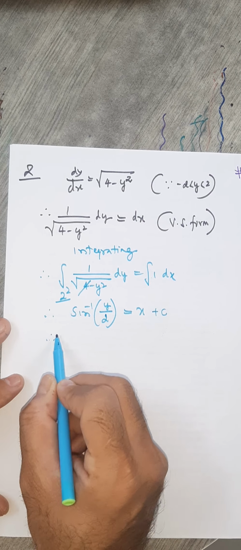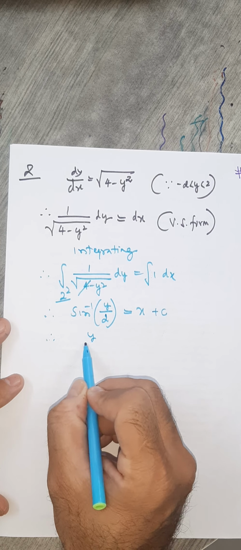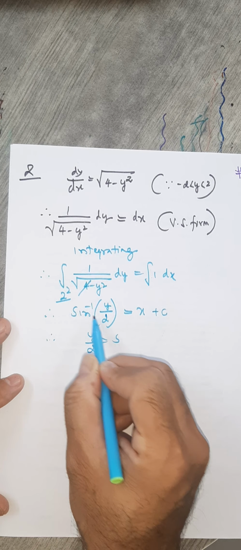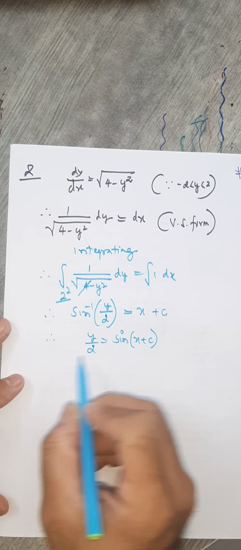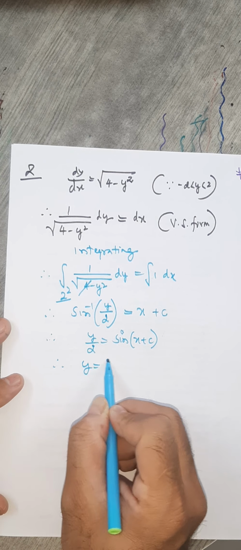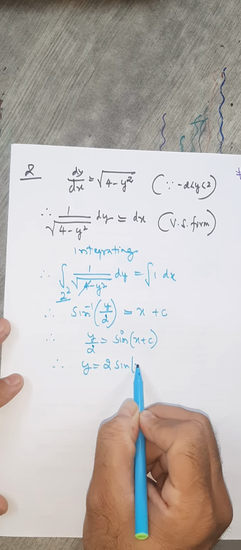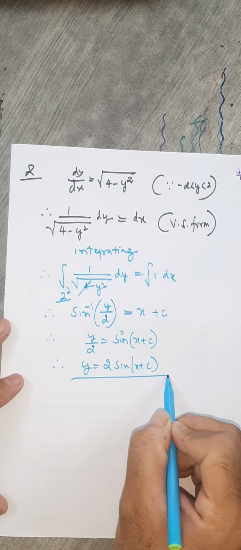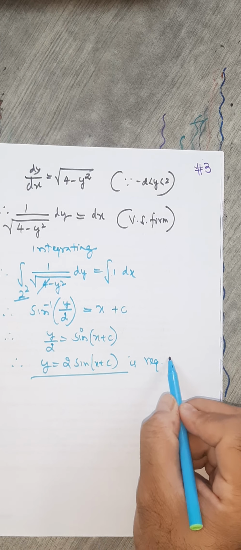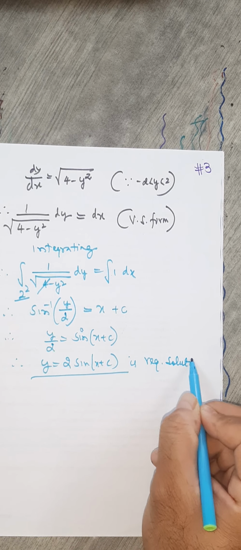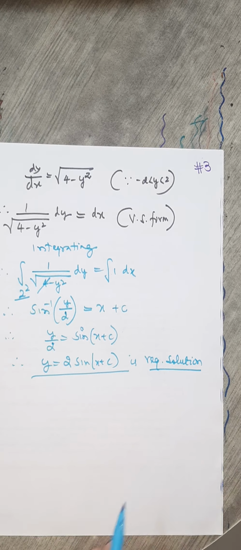If you want, you can leave it here, but if you want to do one more step, y by 2 equals, take sine inverse to the other side. So sine of x plus c, and therefore y equals 2 times sine of x plus c is the required solution.